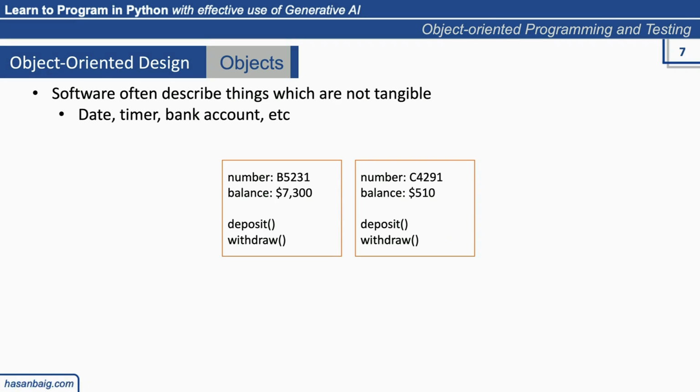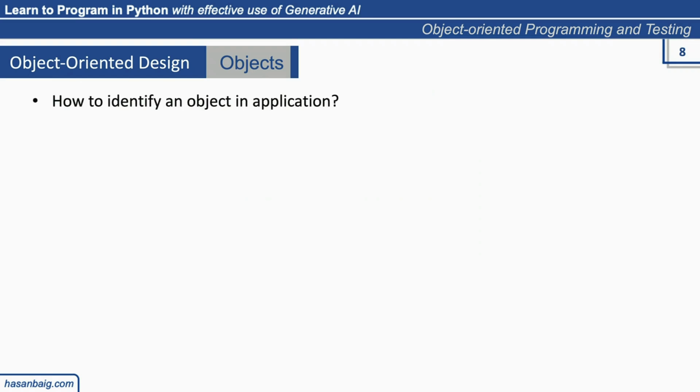So whenever you are writing a software application, how do you identify an object in it? What would you consider in your application that could serve as an object in your program? Simply, objects are nouns.